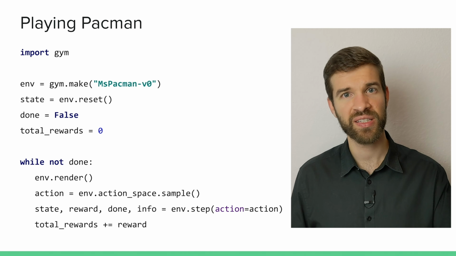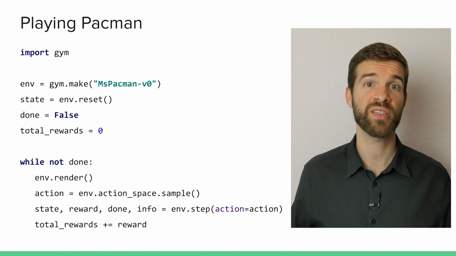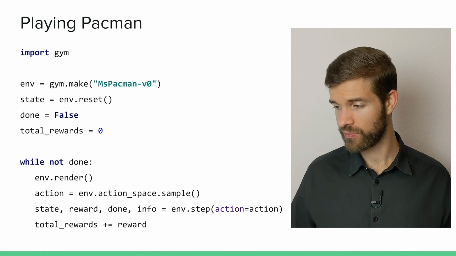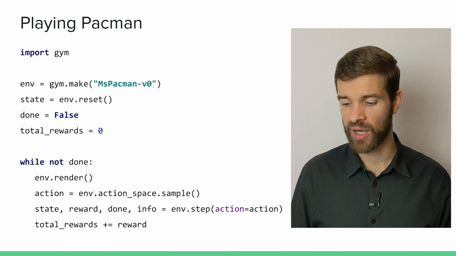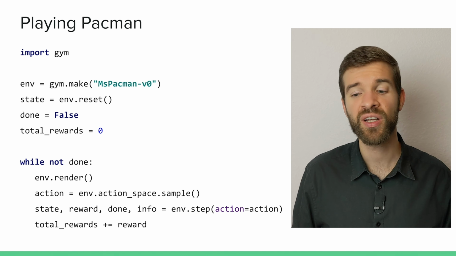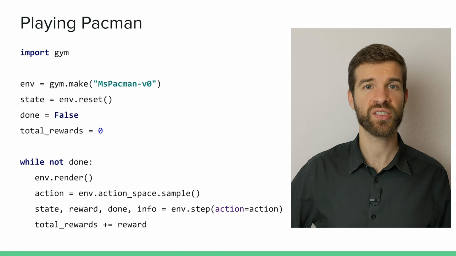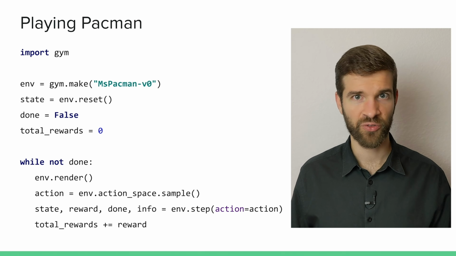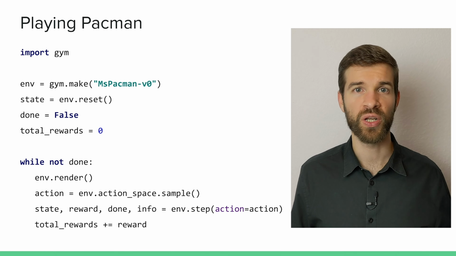We take a time step, and that time step gives us the new state that we are now in, a potential reward if we've found one of these things that give us something, and it also says whether the game is over or not. Until the game is over we can repeat that in a loop, and if we receive any reward we can sum it up, to remember when we received which reward.